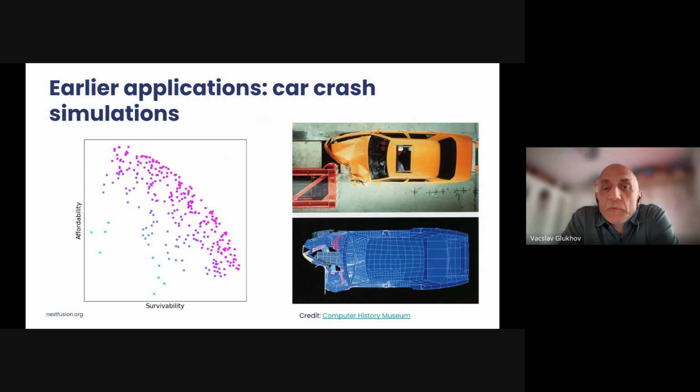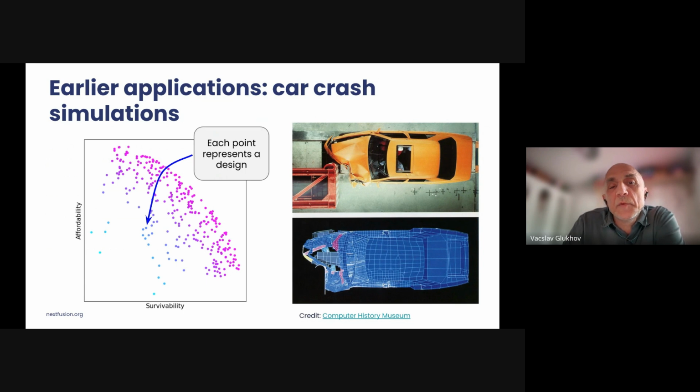And the way we do that, we try different designs, and then we plot each particular design on a two-dimensional chart if we want to optimize on two objectives. We do a random search or systematic search of designs. We try different approaches, try different materials, try different ways of combining components of the car, and we get a design.